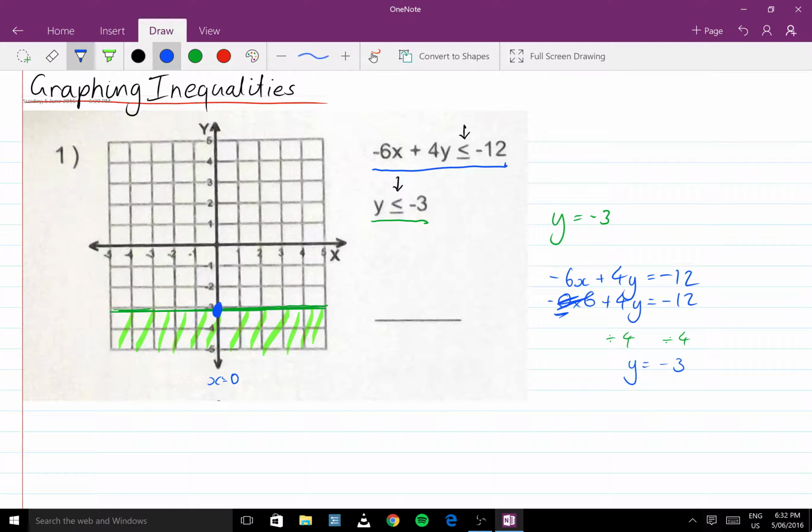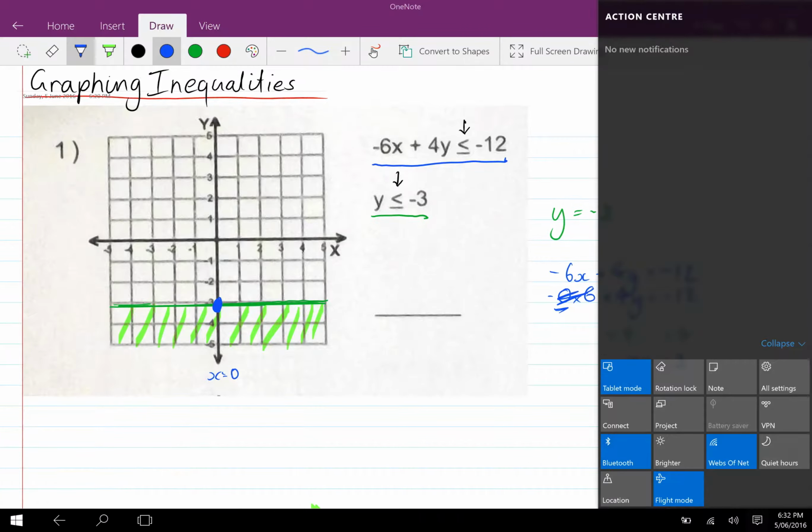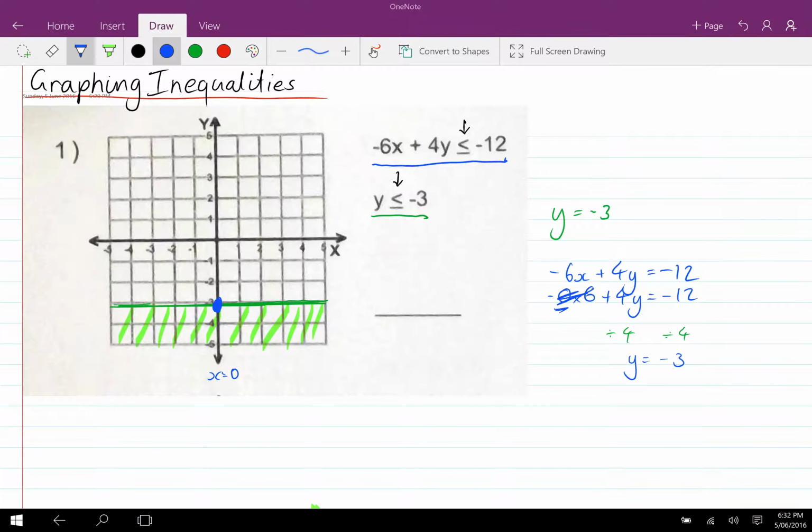So I write down, I might just change this so it stops coming up. So I'll change this to minus 6x plus 4 lots. Now my y is 0, so it's 4 times 0 equals minus 12.